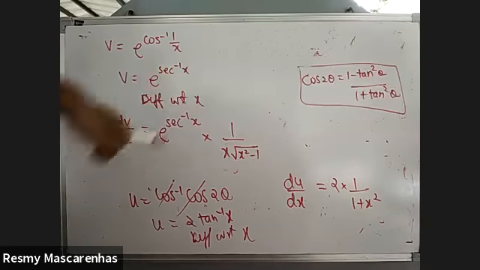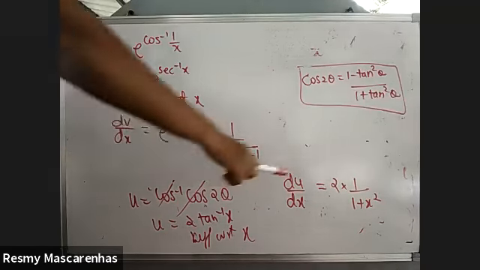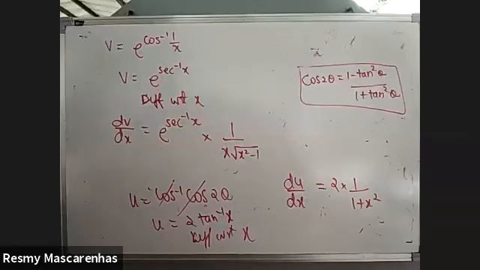Derivative of sec inverse of x. Okay, and then divide both the answers. So this is the answer for dv by dx.